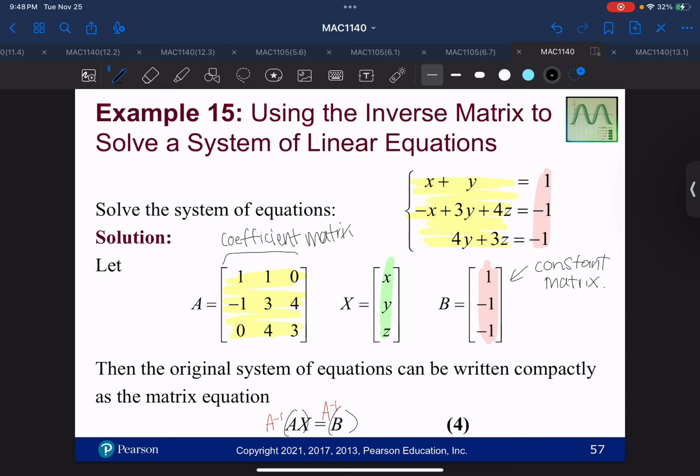Then A inverse times A would give me the identity matrix, and that would just leave me with X, which is the x, y, and z, the variables. So the solution to the system would be A inverse times B.